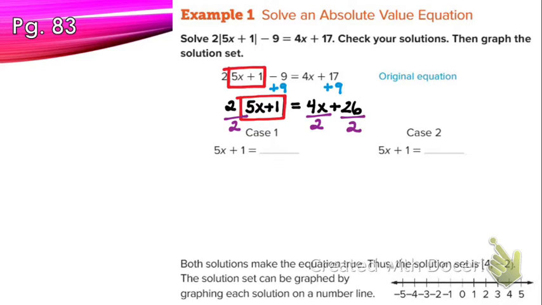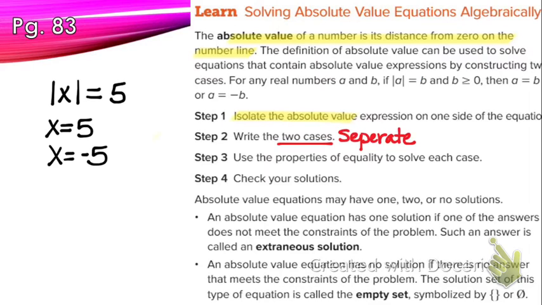So you'll have the absolute value of 5x plus 1 equals, what do you get when you take the 4x and divide it by 2? 2x. And what's 26 divided by 2? 13.